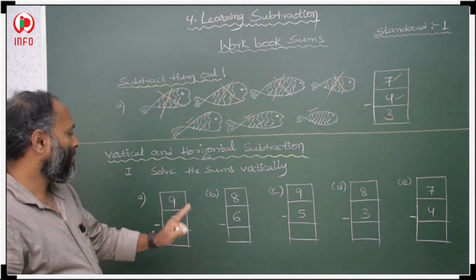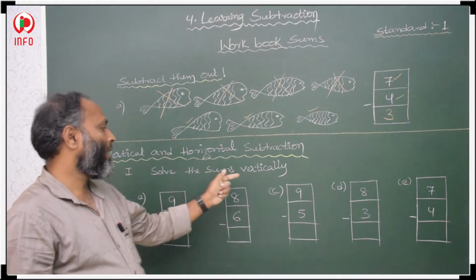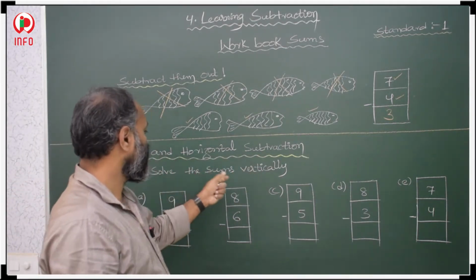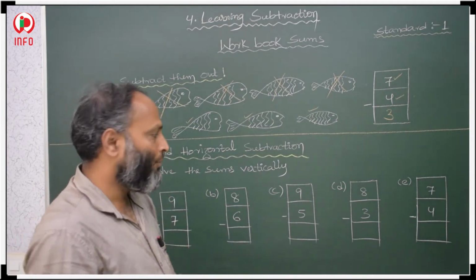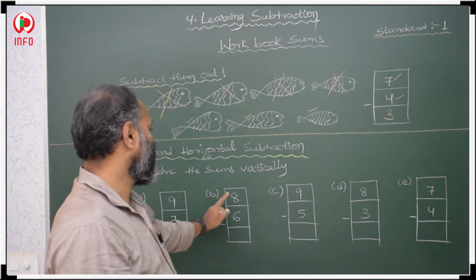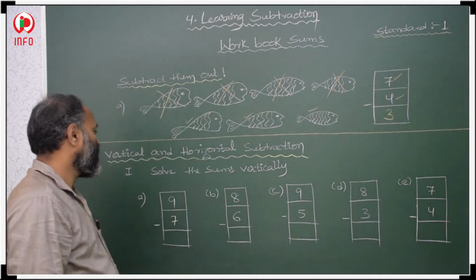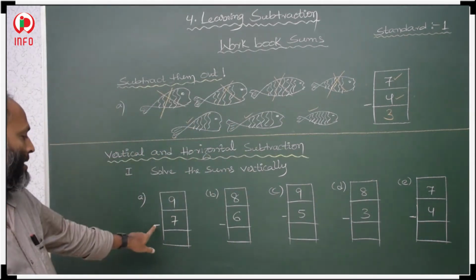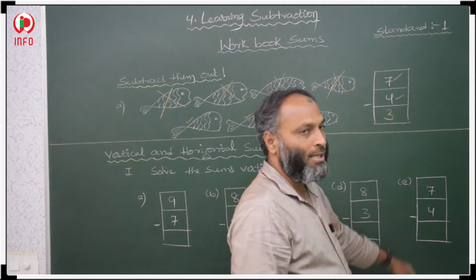Here 5 questions were there. In the first part, these are all vertical sums, 1, 2, 3, 4, 5. These 5 sums we have to solve vertically. Here the minus sign is given in all.